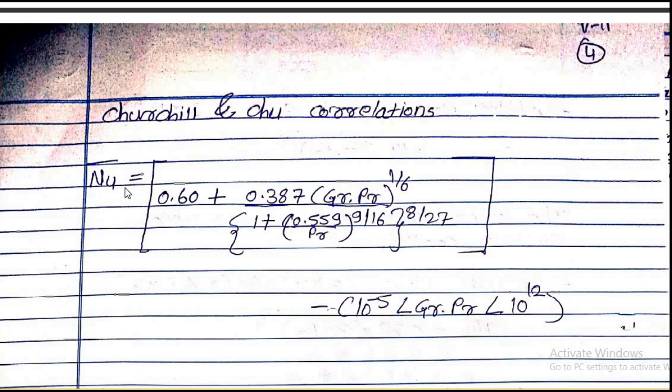The average Nusselt number has been given by the Churchill and Chu correlation. The average Nusselt number is equal to, in a square bracket, 0.60 plus 0.387 multiplied by Grashof number multiplied by Prandtl number raised to 1 by 6, divided by, in a curly bracket, 1 plus, in a bracket, 0.559 divided by Prandtl number, bracket complete, raised to 9 by 16, curly bracket complete, raised to 8 by 27.